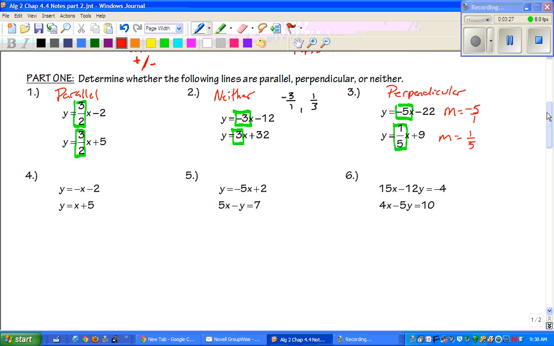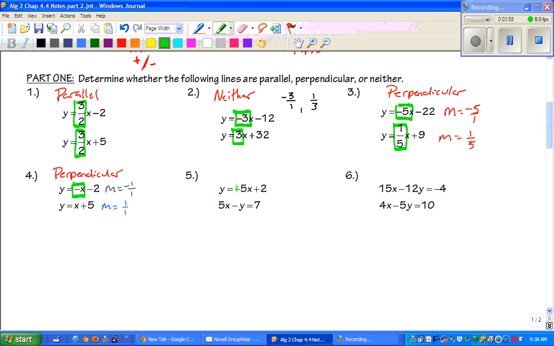Number 4. Let's look at our slopes. We have a -1, so that means that slope is -1/1. Our slope on our second one is 1/1. Now, this one's a little tricky, but they're opposites and they're reciprocal, so this line is actually perpendicular.